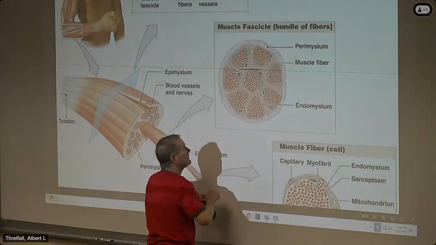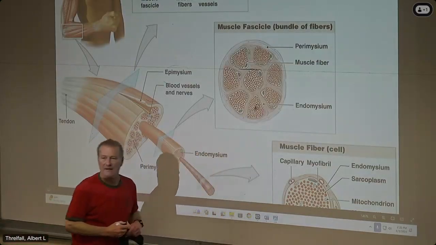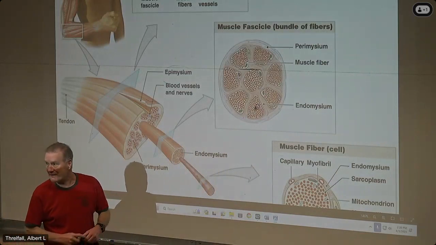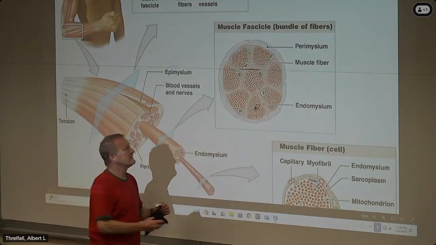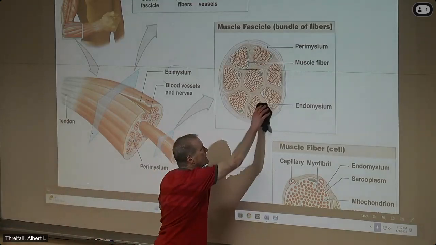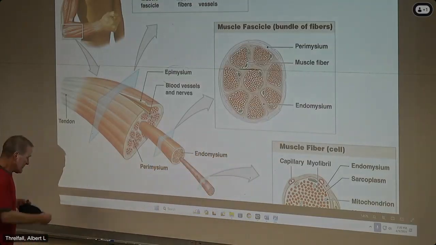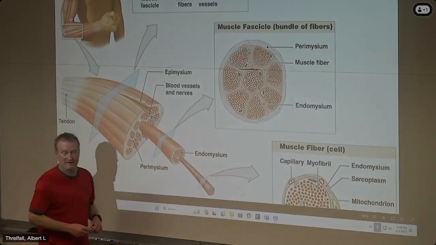And you don't see one in the middle, like a typical cell. First time in your life you ever talked about cells, whenever that was, they always draw the nucleus in the middle. So the perimysium holds together the subunits of a fascicle, which are muscle cells.